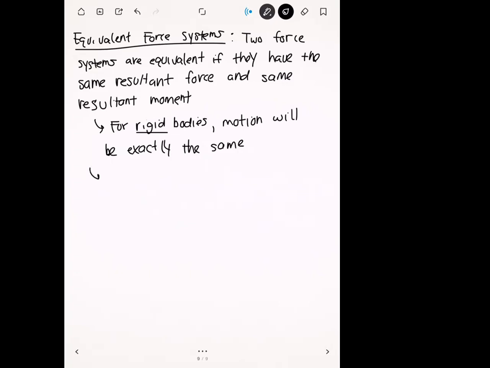But you do get into some differences for deformable bodies. If you have deformable bodies, an equivalent force system does not mean that they're going to deform the same way.